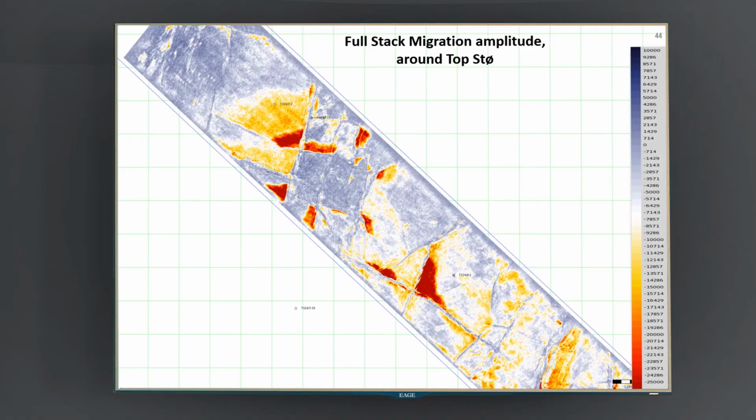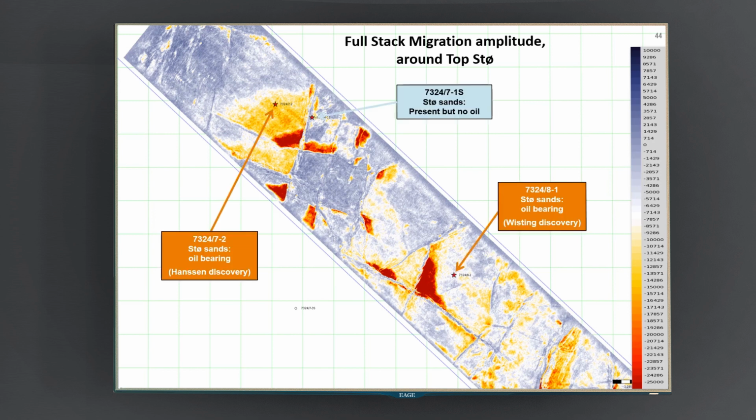Here we see extraction of the amplitude along the top stø horizon that you saw on the previous slide. You can see that there are strong negative anomalies on the top of the structures, indicated in red there. But when we look at the wells, we know that the well on the right, the Wisting discovery well, found oil.